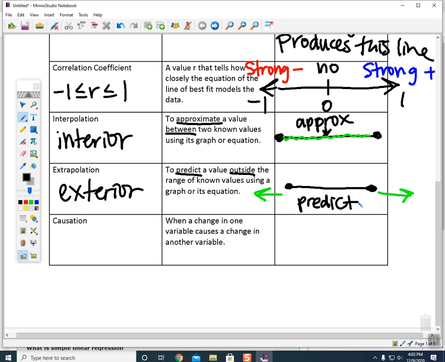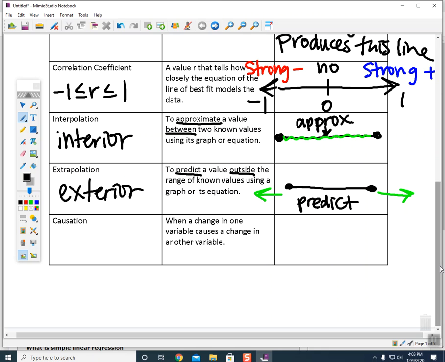Okay, so those are those two things. There's stuff that we do anyways that is just like a fancier way of saying it. And so it's not like vital that we know these specific words themselves, but it's good vocab to at least kind of talk about. Last one is causation. So causation is pretty straightforward.